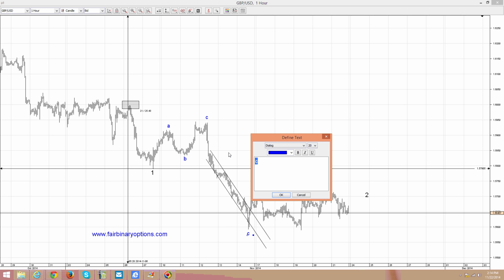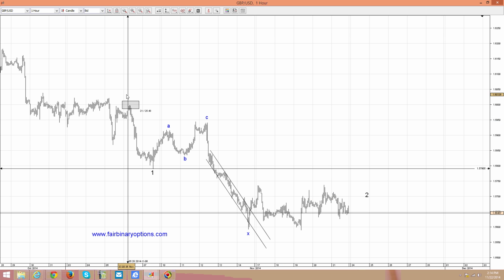Now what do we have? We have so far an impulsive move to the downside, or the first wave, then an ABC, the X wave, and then a contracting triangle.